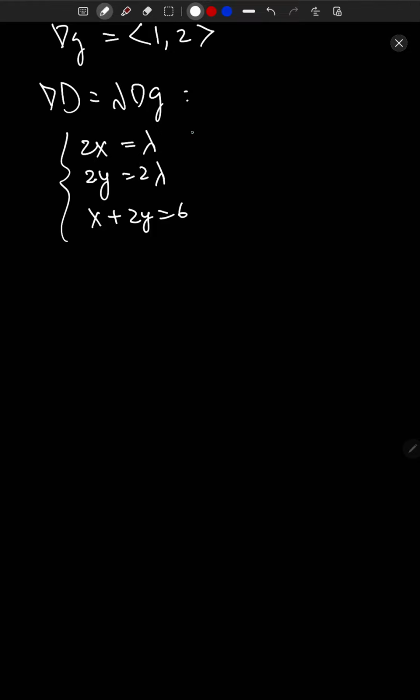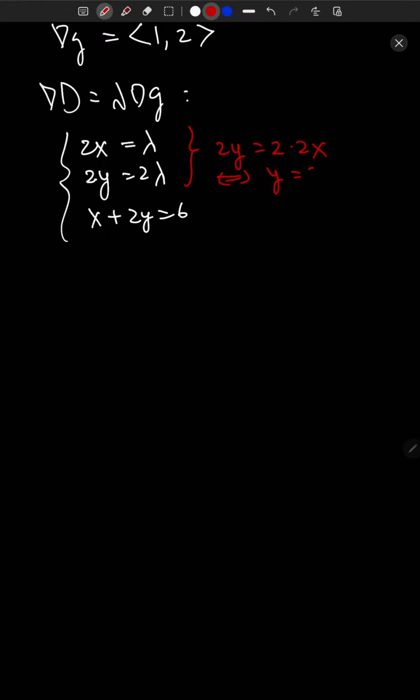Okay, so again, we do this algebra differently depending on what the structure of our equations are. But for this particular problem, it looks like if I look at the first two equations, since lambda is 2x and 2 lambda is 2y, we get 2y is equal to 2 times 2x, right?